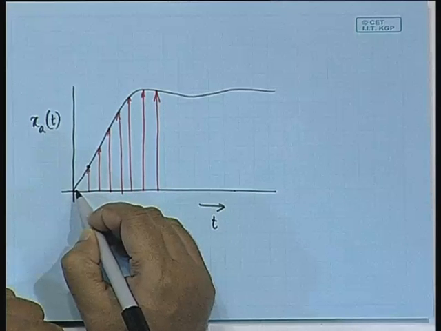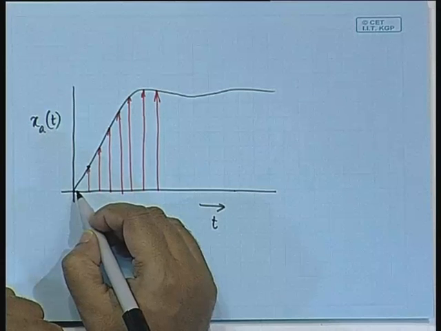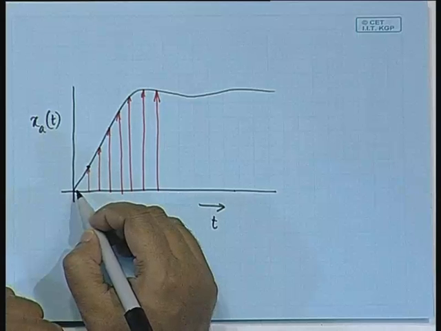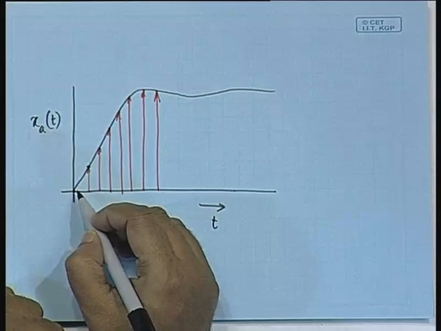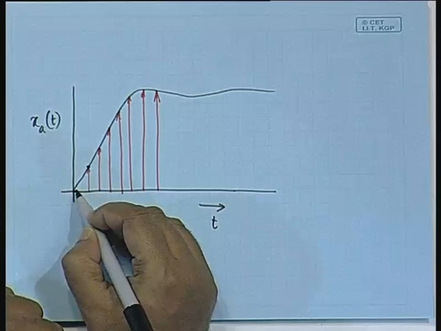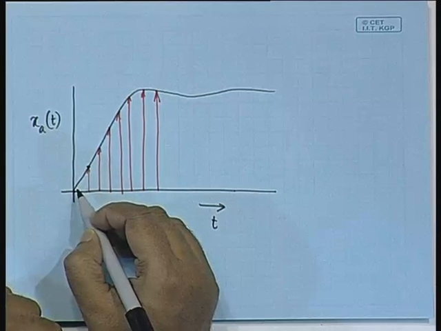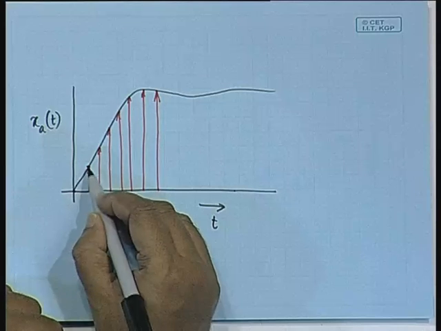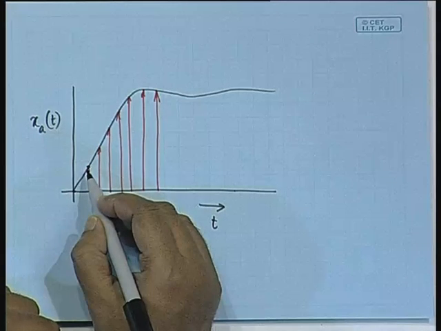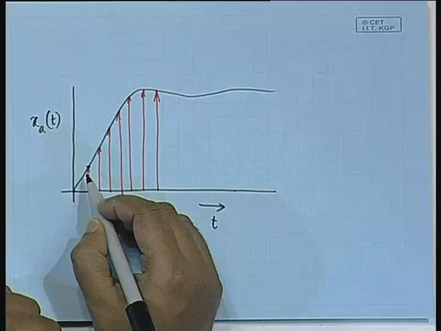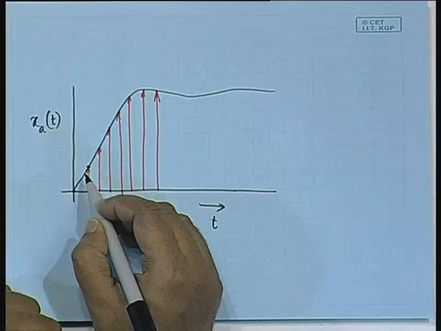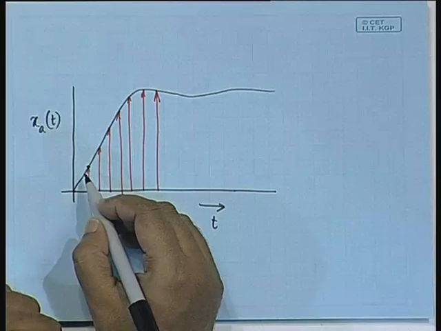So, the system will assume that this sample would be close to what we have over here. As a result, x of n will be higher than x tilde of n, because x tilde n is based on the past sample and x of n is based on the present sample. So, x of n is clearly higher in this case. Since it is higher, what is going to be the value of d cap of n?